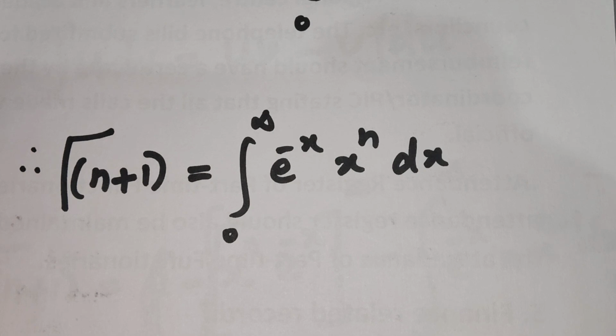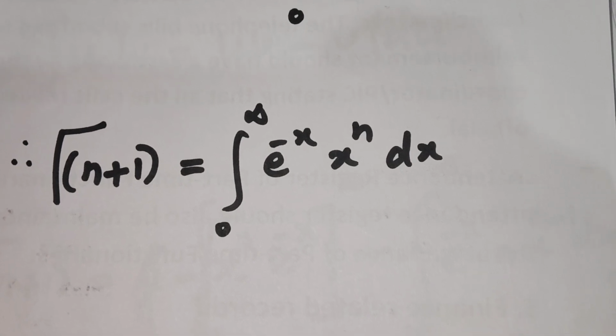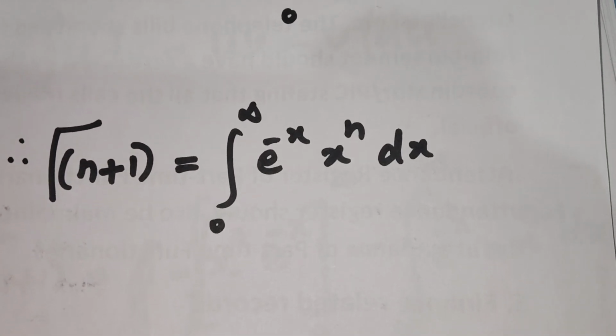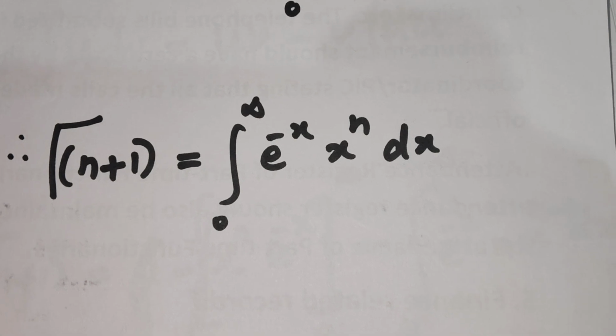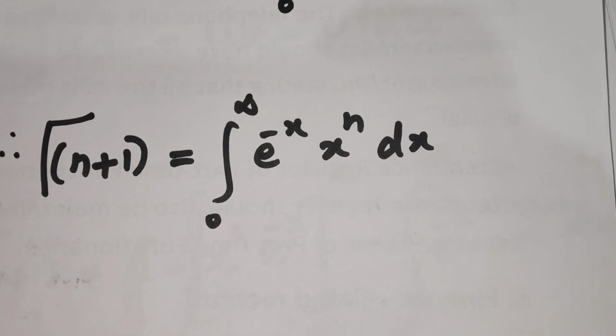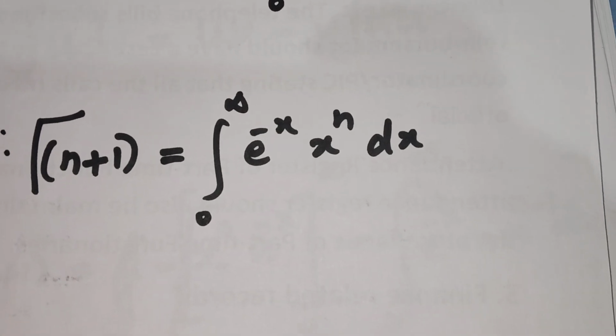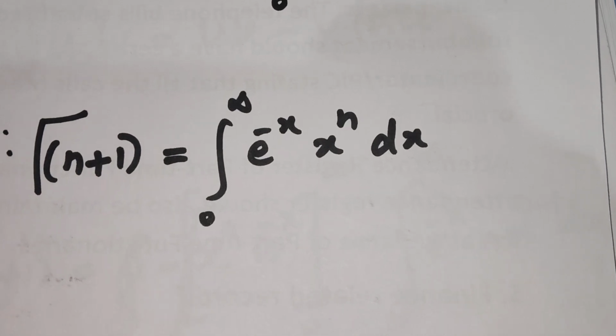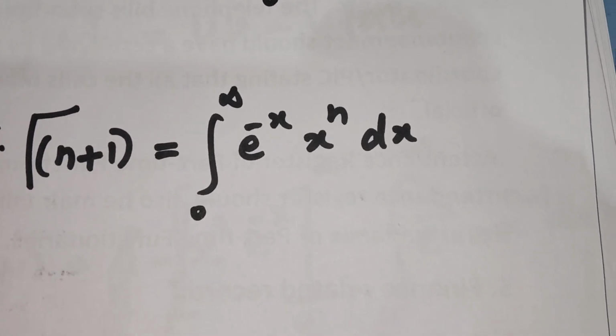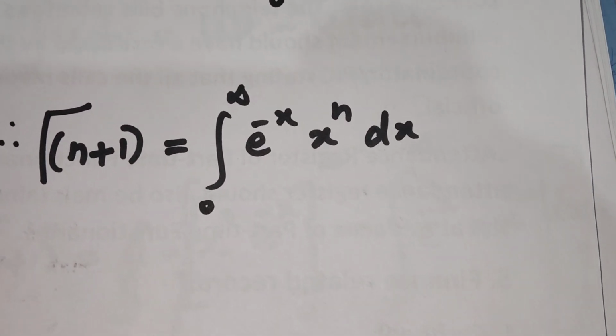Now, we integrate this by using integration by parts. By putting first function u is equal to x power n and the second function dv equal to e power minus x dx.